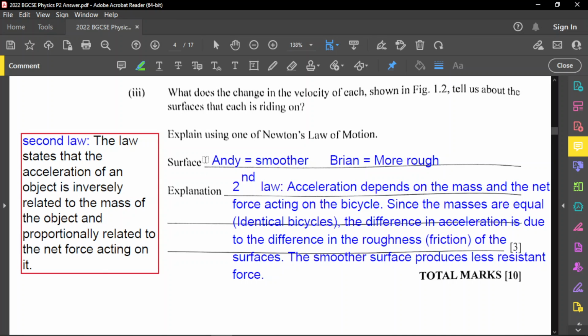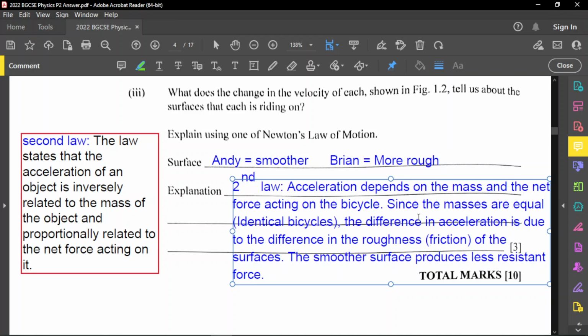To explain the difference in the surfaces, Andy is on a smoother surface and Brian will be on a rougher surface. Based upon the second law, acceleration depends on the mass and the net force acting on the bicycle.